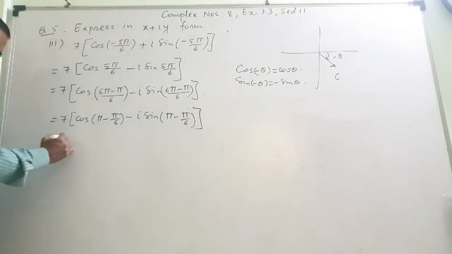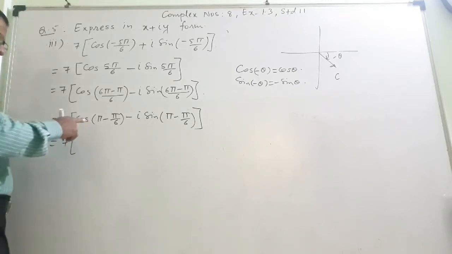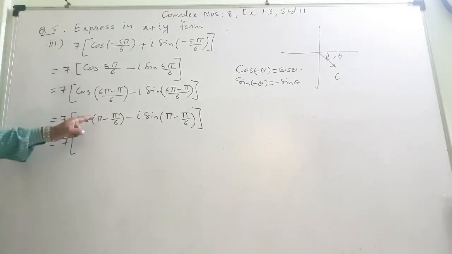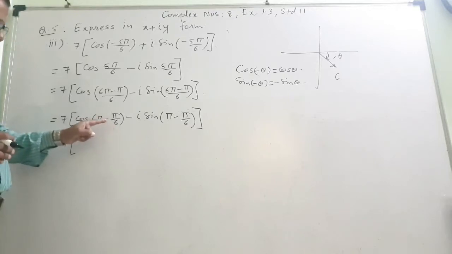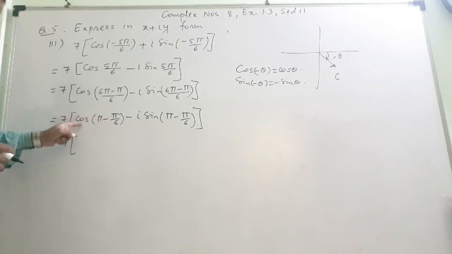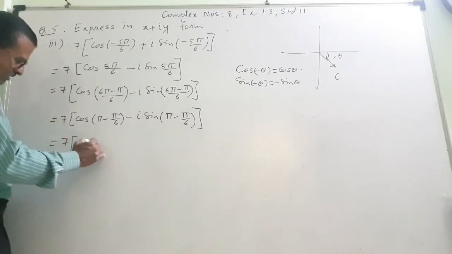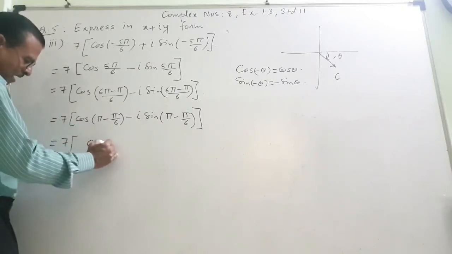That is equal to 7 into, I have told you, if we subtract or add in pi, I am subtracting from pi, the ratio remains the same, so it will remain cos of pi by 6.